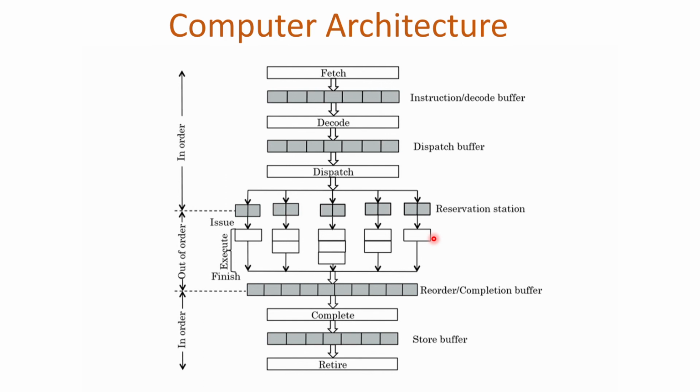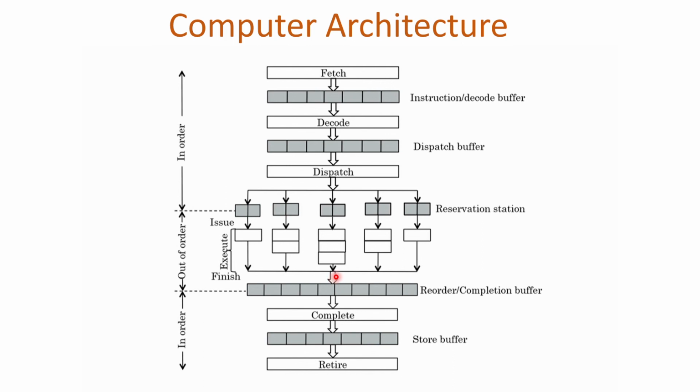And after this, what happens? After this, the instruction outputs that I will get over here will definitely not be in a particular order. Some instructions will come earlier, some will come late, but the order while writing the output of the instructions should be in that particular order.